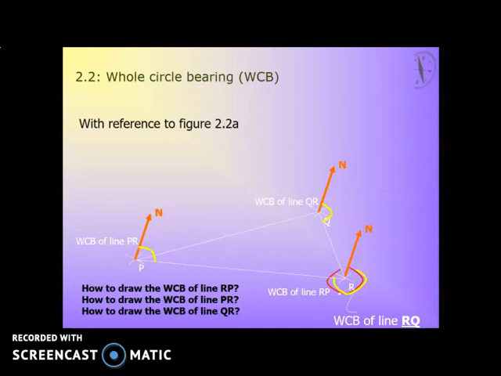If we call the line RP, for example, that means we are starting from R and we move towards the endpoint P. Why we need to be very careful? Because the concept of whole circle bearing requires us to place our reference north at the starting point of the line. So there will be a difference if we call the line RP and we find the whole circle bearing of the line RP versus we call the line PR and we find the whole circle bearing of line PR. There is the difference.